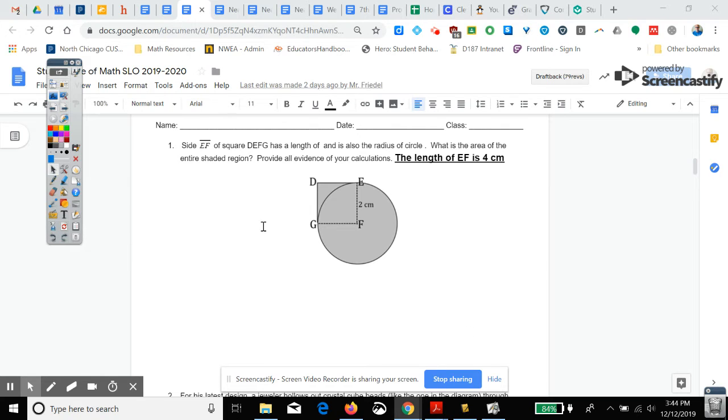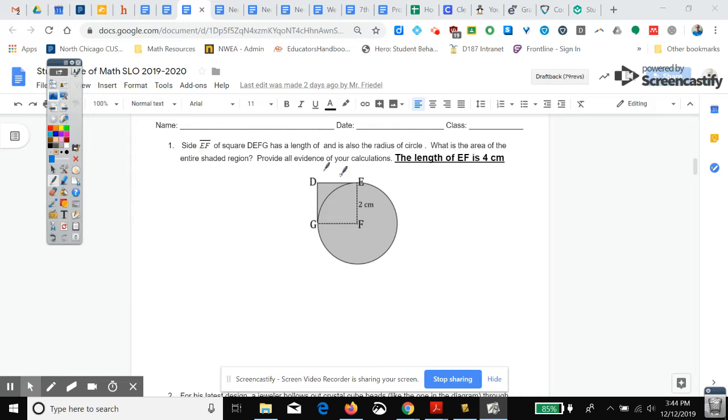So the first thing is area. We know the area is length times width or base times height. And we have a box here, so we need to find the area of that box. Why don't I read the question and figure out what's going on?